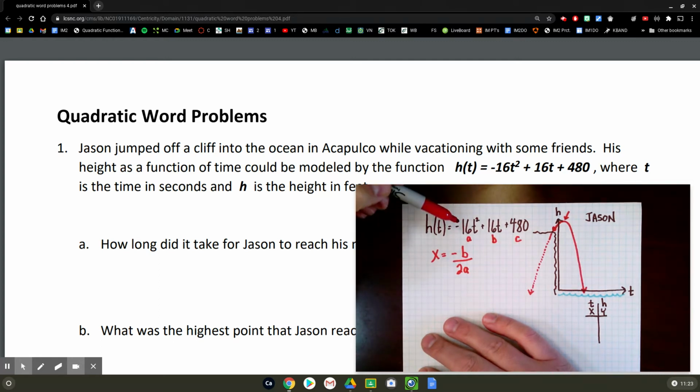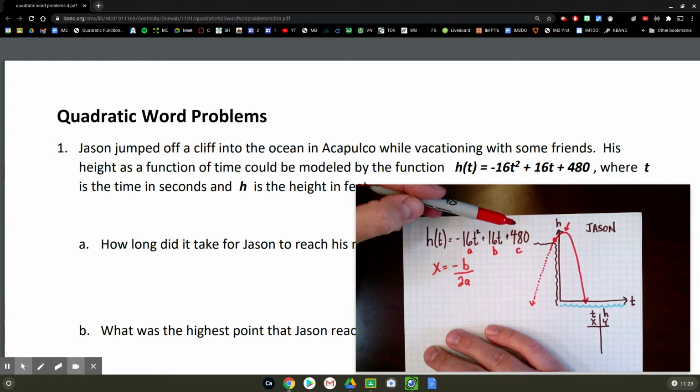Like I said before, the negative 16 in negative 16t squared has to do with acceleration due to gravity. The middle term is his initial velocity, so he's going 16 feet per second when he jumps. And then he's starting, poor Jason, at 480 feet from sea level.